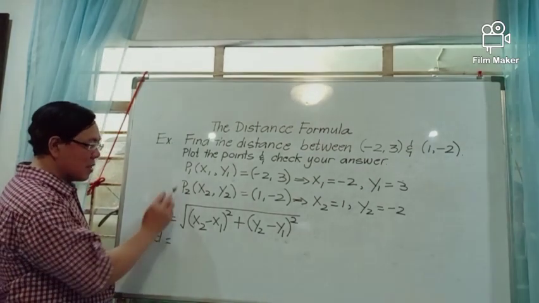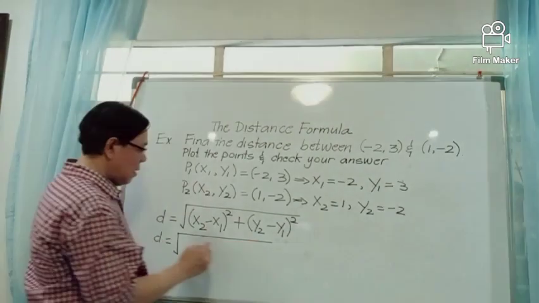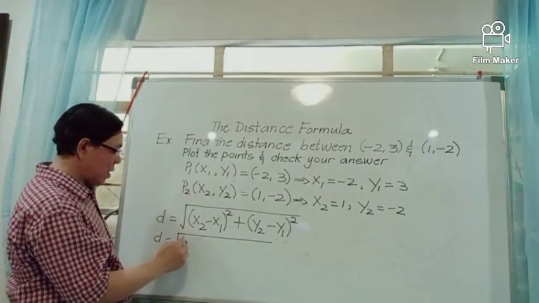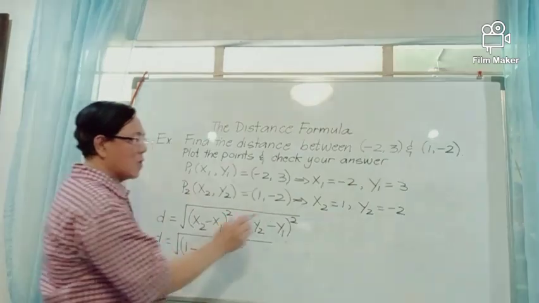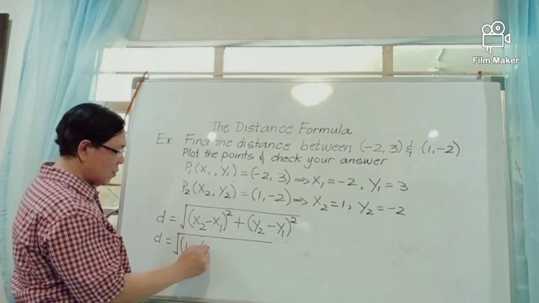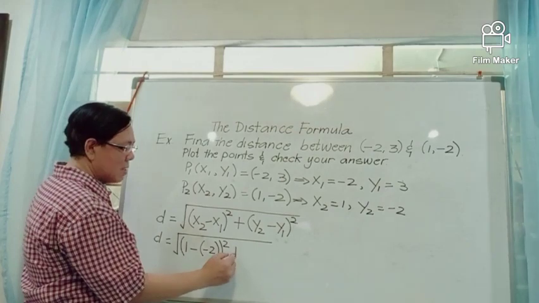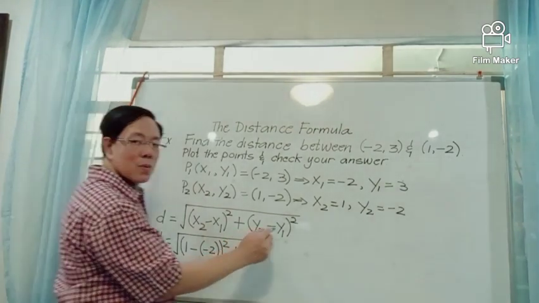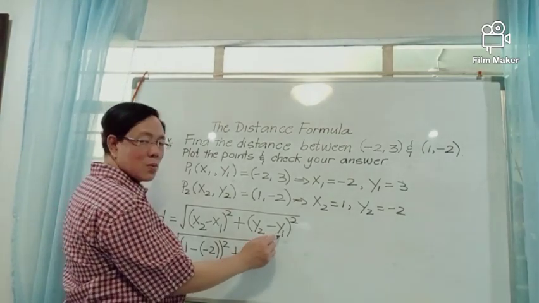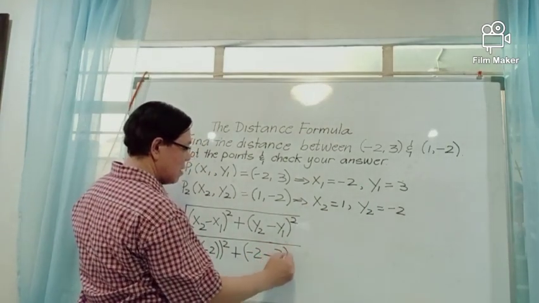The distance d between P1 and P2 is equal to the root of open parenthesis x2, 1, minus x1, negative 2, negative of negative 2, and then square it, plus y2 equals negative 2, minus y1, 3, minus 3 squared.